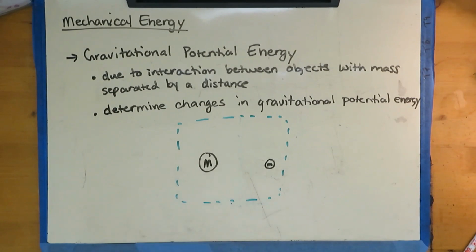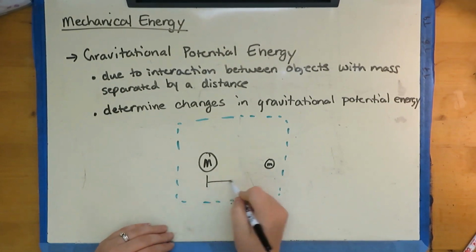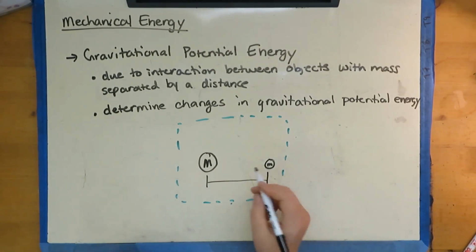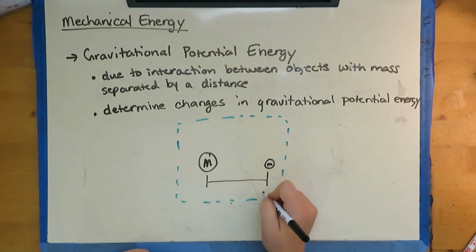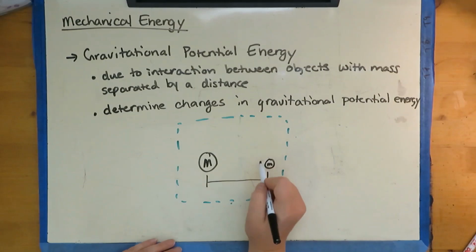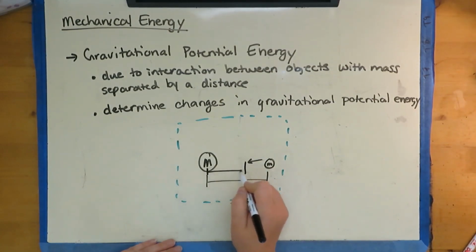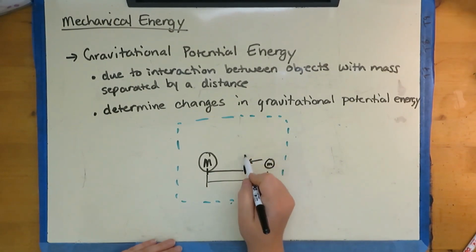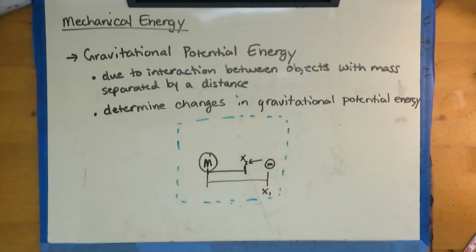So, for example, if the mass is here at this position, so it's located at this particular position, position 1 here, and then it were to move closer, then it would have a different amount of potential energy.